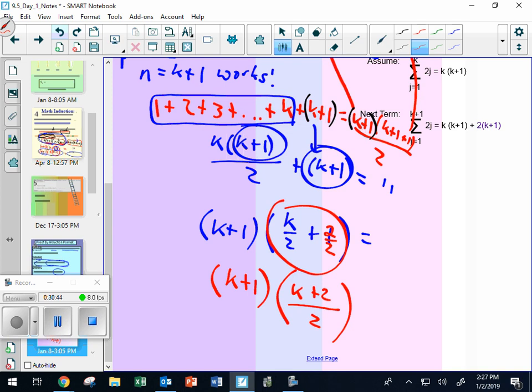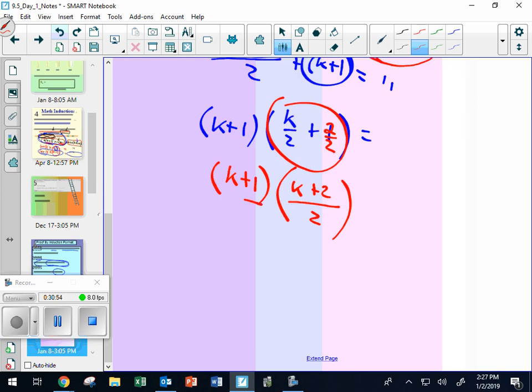And then remember, my goal is to make it look like this. What's the only thing that's different now? Well, it's all one fraction over here, one big fraction. Well, let me multiply these together then. Don't even need a common denominator to multiply. So I'm just going to multiply across the top. And there's only one more step.